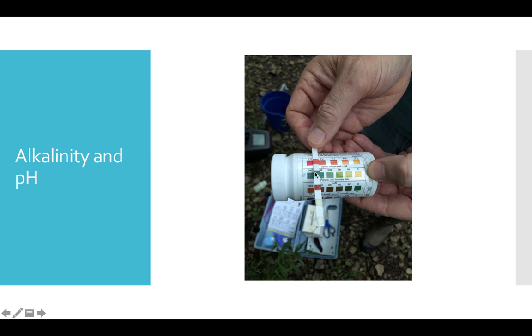It measures the amount of compounds such as carbonates and bicarbonates, which makes sense because our hardness was pretty high. Those calcium carbonates and bicarbonates are natural buffers that can remove excess acidity and hydrogen ions from the water. Those are good things.